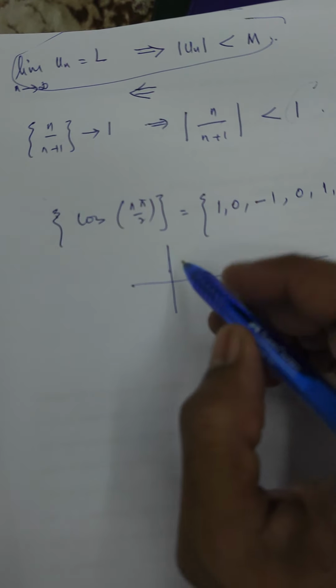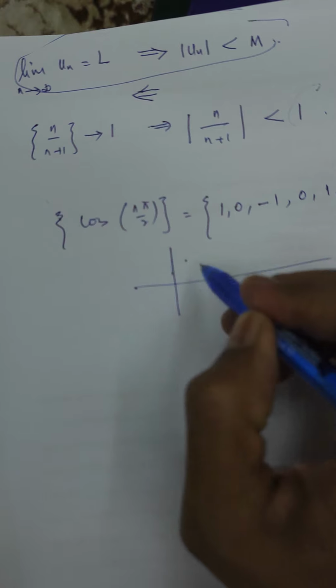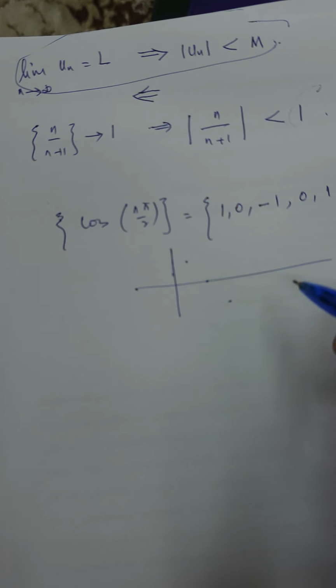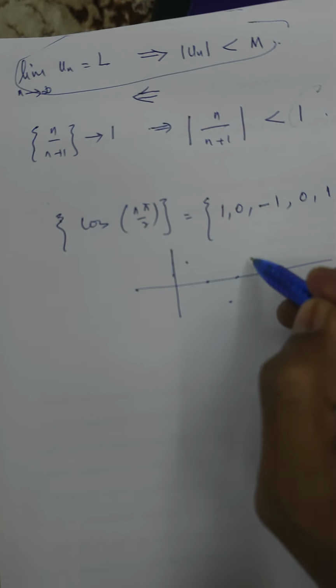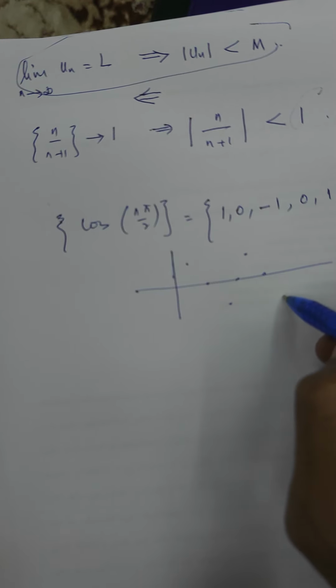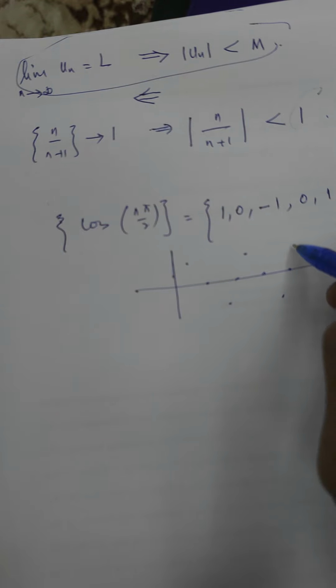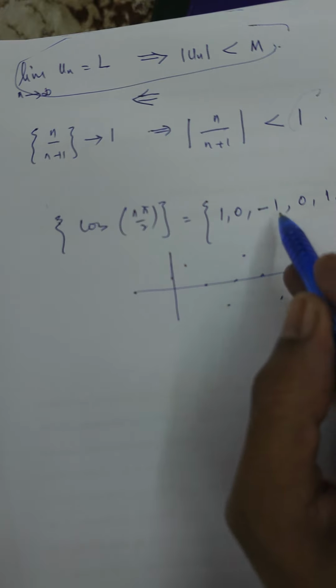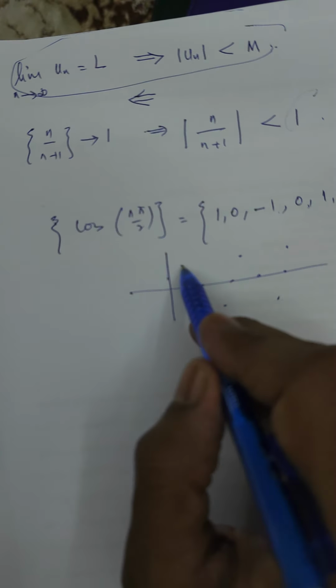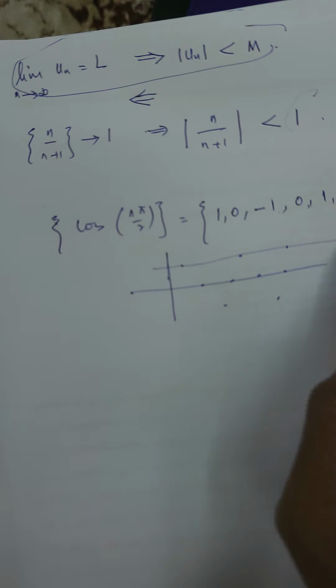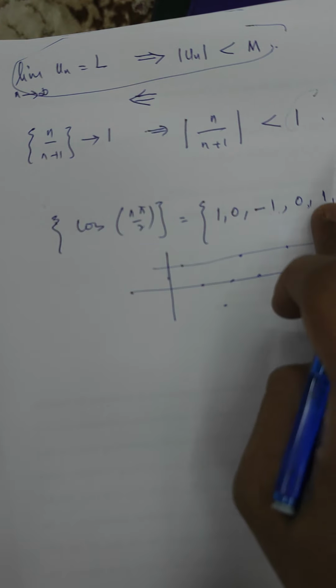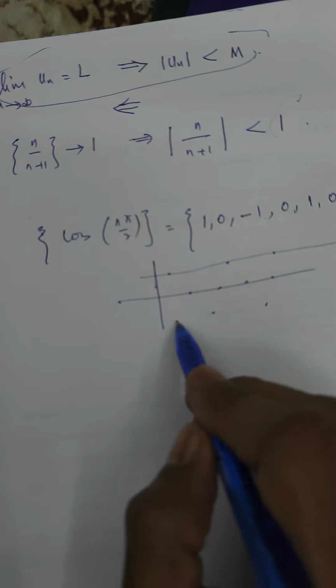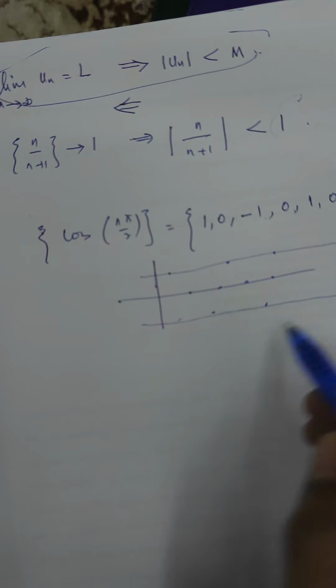So if you plot this, it's like what? We have 1, 0, minus 1, and again 0, and then minus 1, and then 0, and then 1, and so on. So you can see that each element of this sequence will not exceed 1, and will not go beyond, or be smaller than, negative 1.